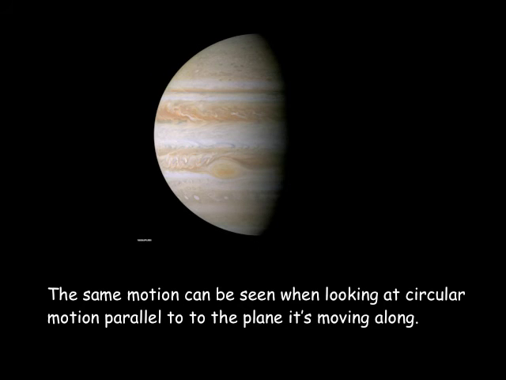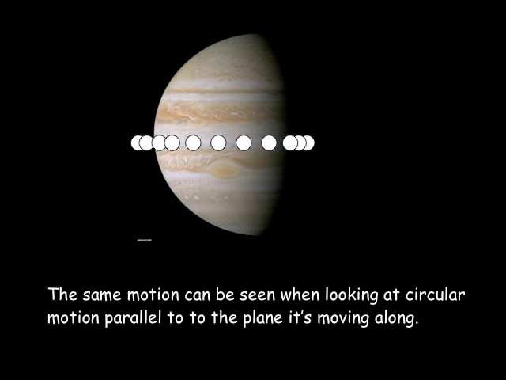We can also see this, say, for an object going in a circular orbit. So here, looking at Jupiter, let's pretend one of the moons of Jupiter goes around in a perfectly circular orbit, going around in uniform motion, constant omega, in a circular orbit. So the same motion can be seen when looking at circular motion parallel to the plane it's moving in. So here's a moon going around at a constant speed around Jupiter.